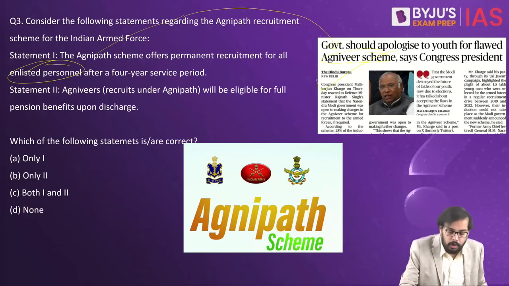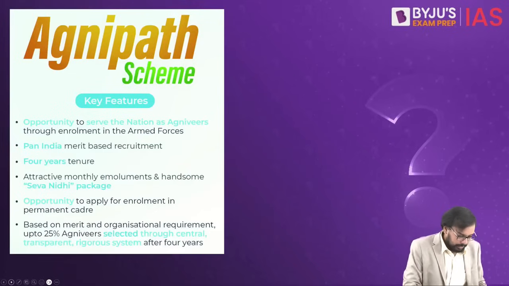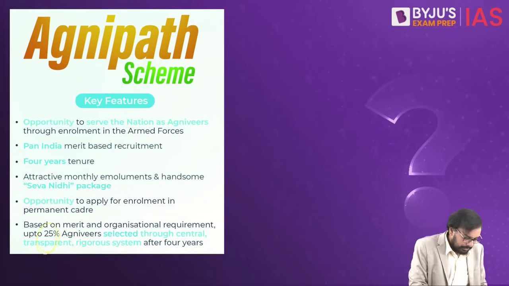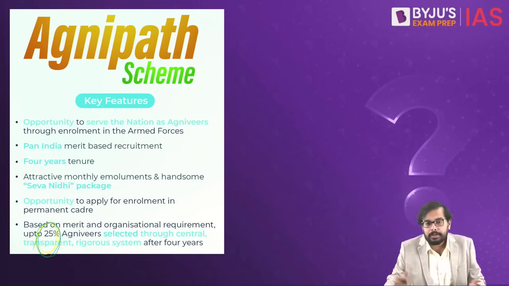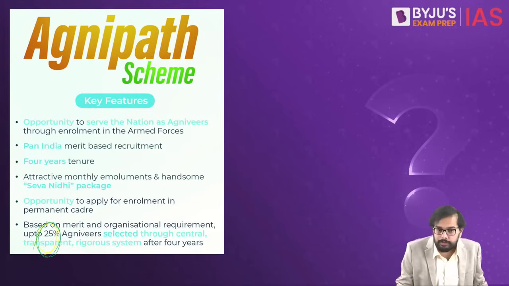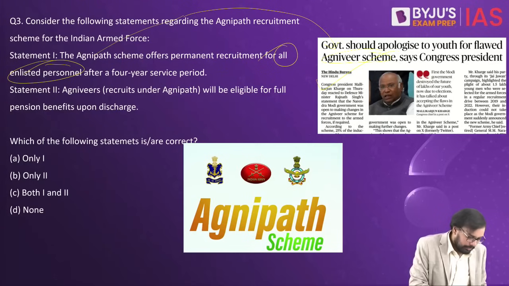No, not for all. As per the Agnipath scheme, up to 25% of the Agniveers can be converted into permanent personnel of the Indian Army, not all. So again, it is not 25, it is up to 25. So this statement 1 is absolutely wrong.